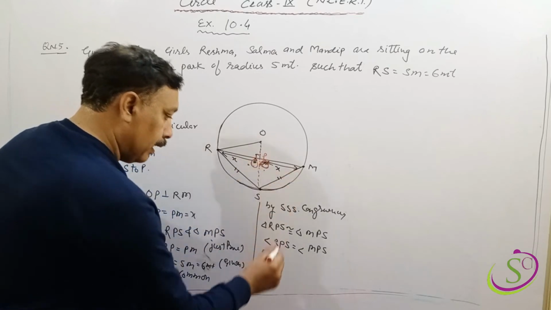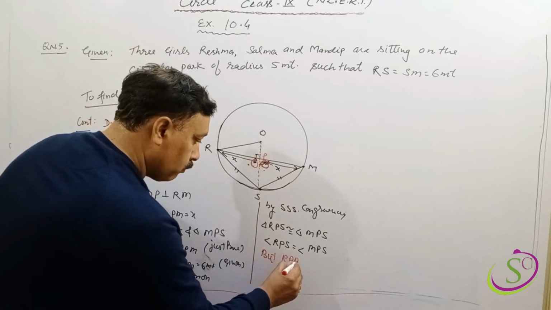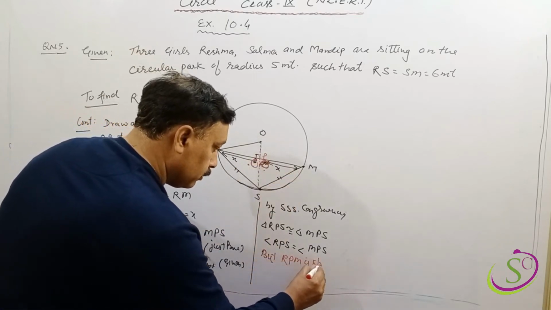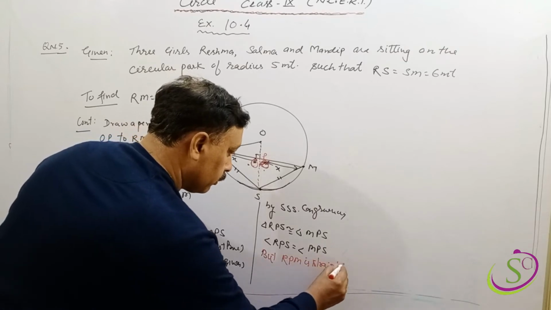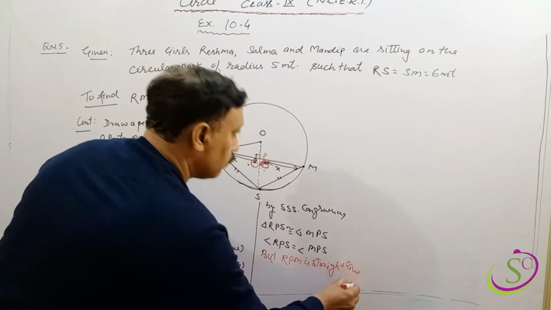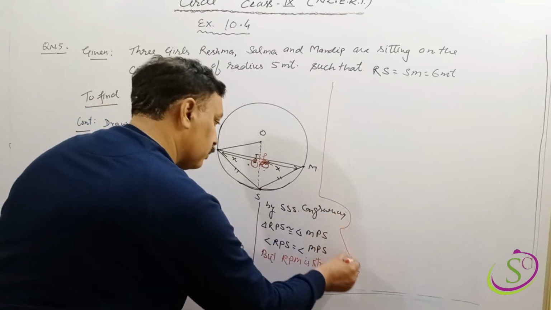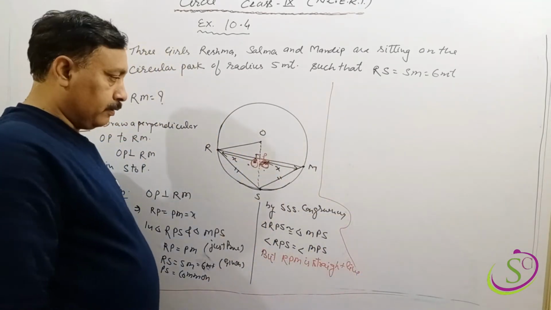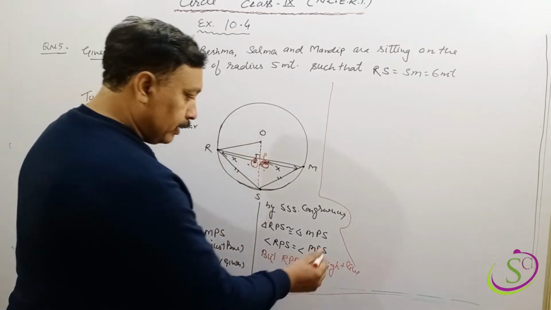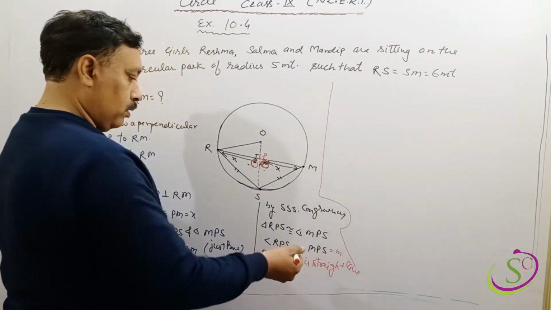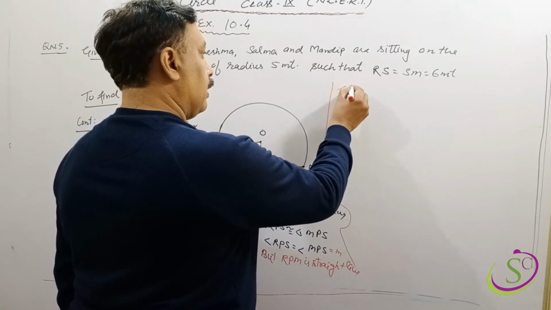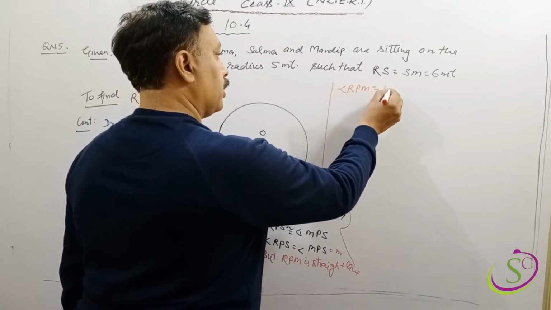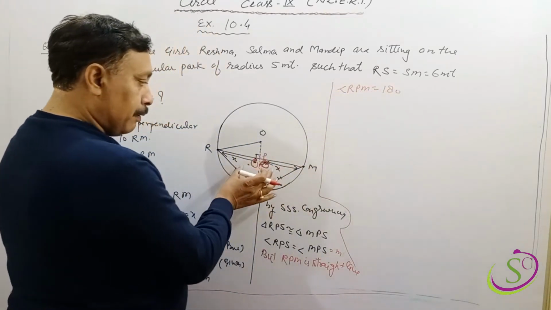But RPM is a straight line. By RPM is the straight line, and this angle and this angle are equal to, क्या कहें? M कहें. So angle RPM equal to 180, and RPM क्या है?